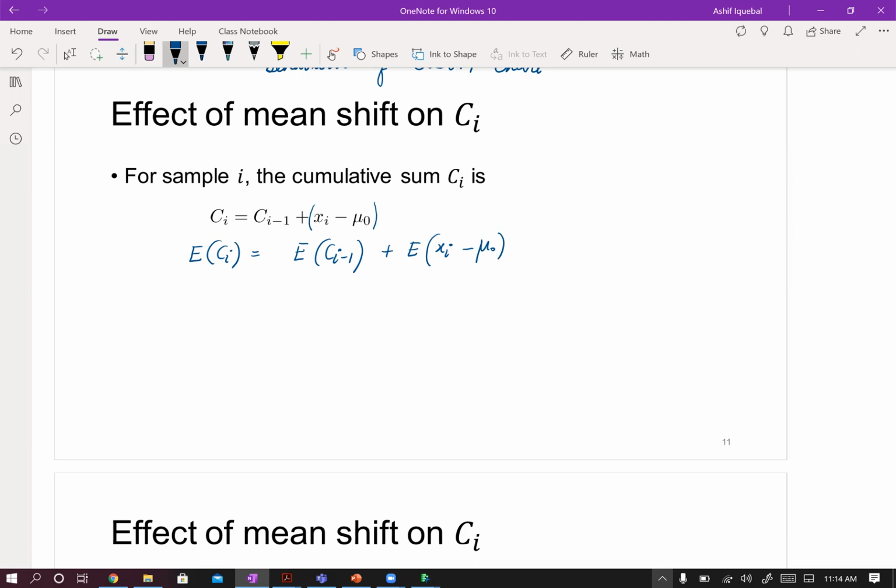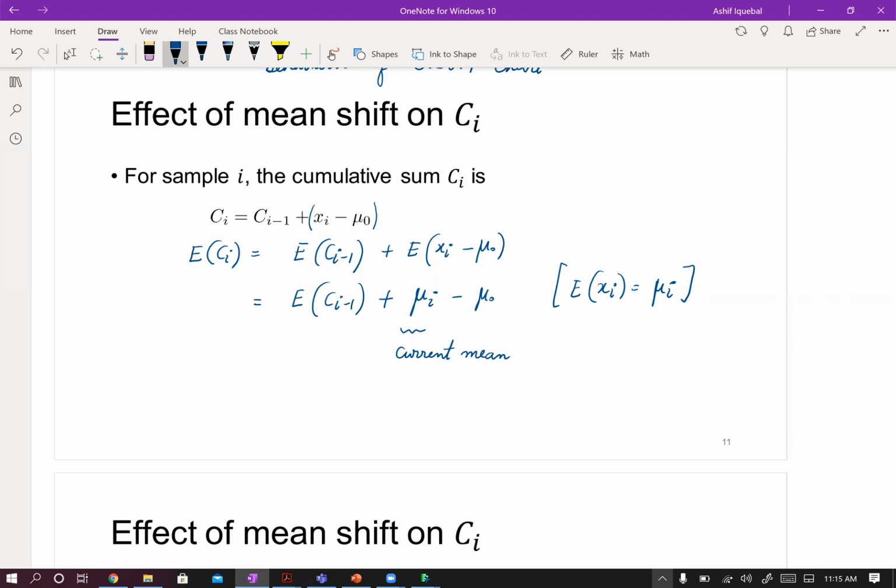And I can write this further as the expected value of Ci minus 1 plus mu i minus mu naught, where I'm saying that the expected value of Xi is equal to mu i. I'm just saying that at sample i, let's call the mean mu i, okay? And let's call this the current mean.